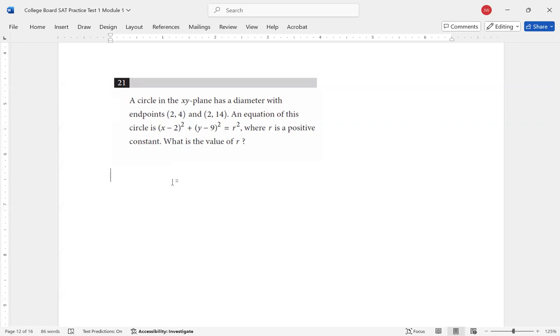Now, there's a couple of different ways to do this, not surprisingly. So I'll do it both ways. Knowing that r is the radius is the key thing.